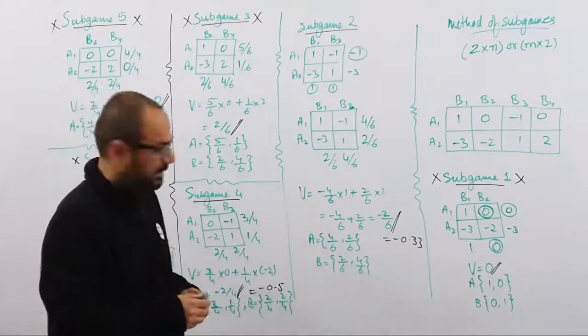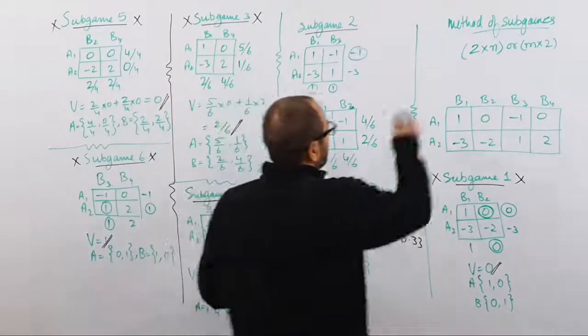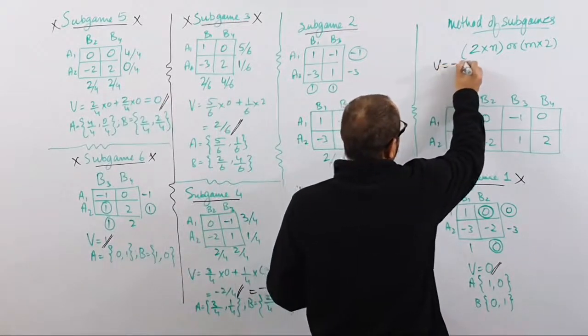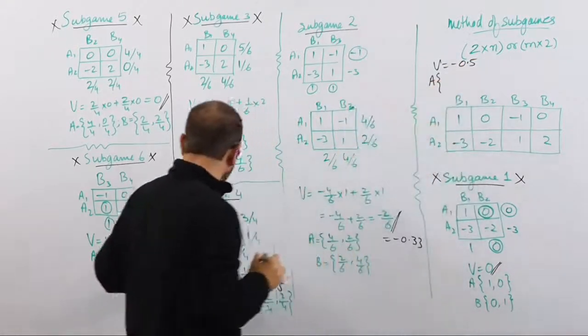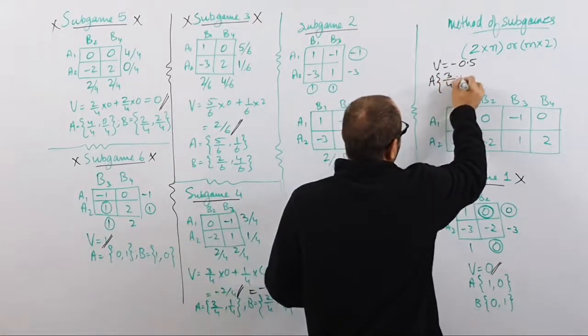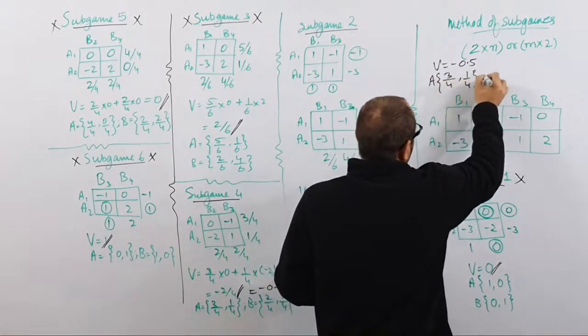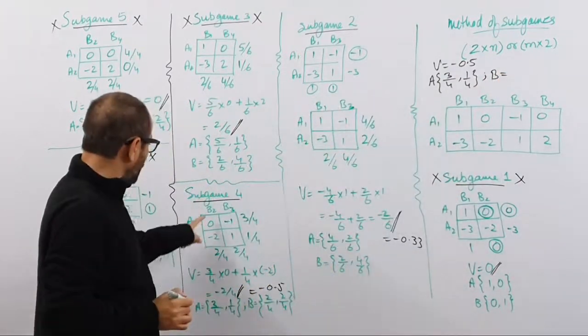Now we can write down the complete solution of this game. Value of game would be -0.5. Strategy for A is 3/4 and 1/4. And strategy for B would be, you have B2 and B3.